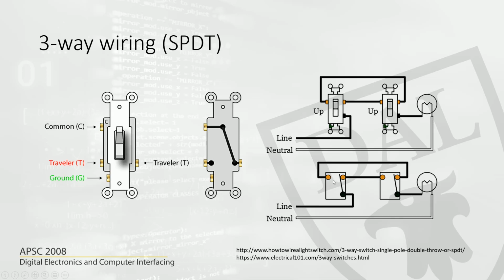One of these switches is downstairs and the other switch is upstairs. You flip the switch at the bottom, so at that point it turns on, and then as soon as you go up, you just turn it off, and then you can go. So that is a simple three-way wiring with a single pole double throw switch. That is one of the applications.